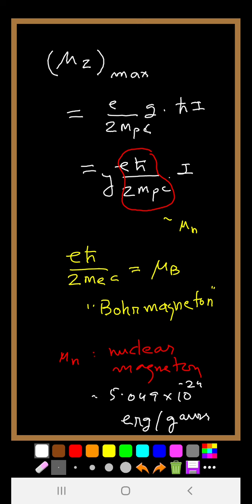Now, as in the case of atoms, in the nucleus also, if an external magnetic field H is applied, the magnetic moment mu associated with the nucleus will precess around H with a frequency called the Larmor frequency.